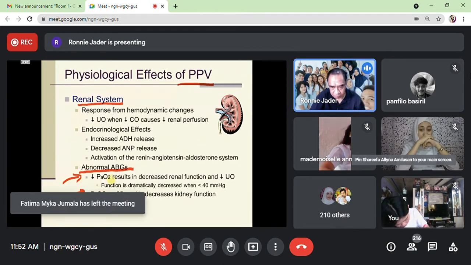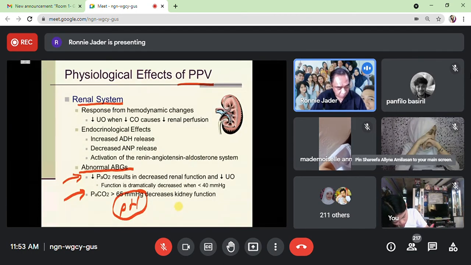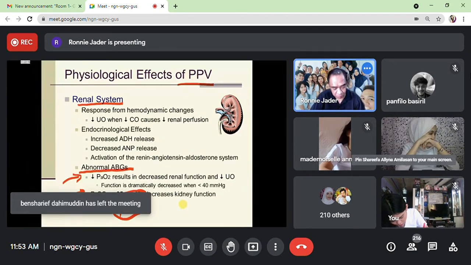By keeping the PaO2 in the normal range, keeping the CO2 in the normal range, and not allowing large pH imbalance, all right? So that's how we limit the physiological effects of positive pressure ventilation on our kidneys. I don't want you to try to remember all these ADH and ANP releases. How do we monitor kidney function? Ask the nurse, what's the kidney function? How much urine output are we having? Those kinds of factors can be important.